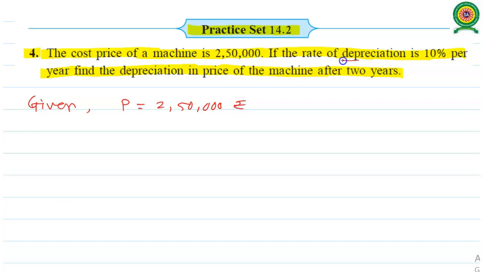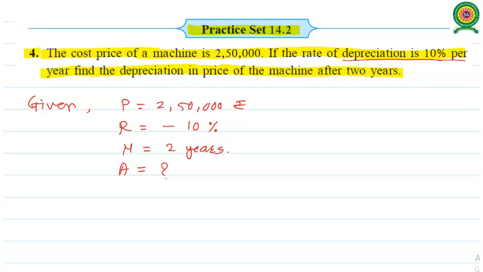Since depreciation in the rate is given as 10%, that means we have a reducing rate. So the R value here is minus 10%. Next we have to evaluate the amount at the end of the 2 years. That means the A value we have to evaluate, and the duration is 2 years.